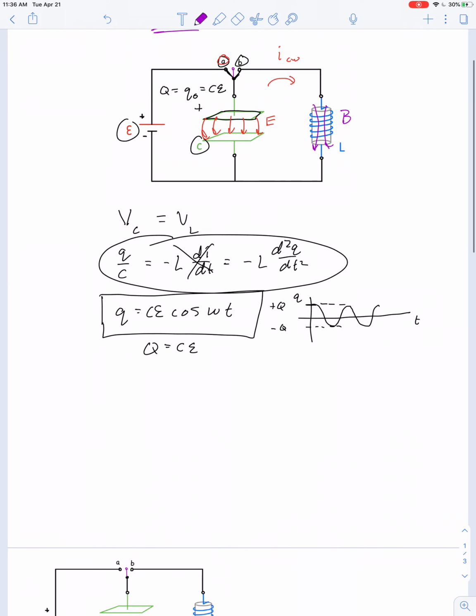Not only can we equate voltages, but we should be able to equate energies by the law of conservation of energy. I want you to think of a swinging pendulum. When the pendulum is released from this point, the energy is potential. When it reaches its lowest point, the energy is all kinetic. And when it swings through half of a cycle, the energy is all back to potential again.